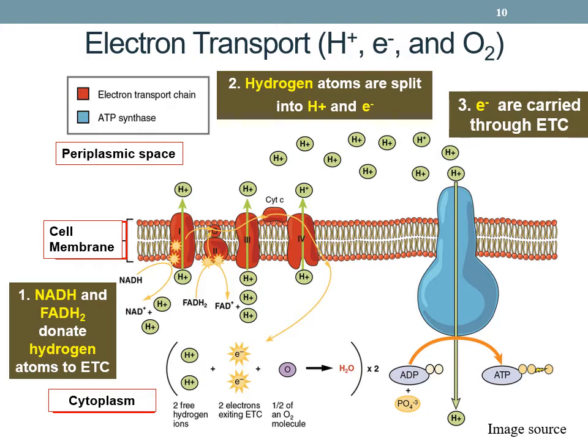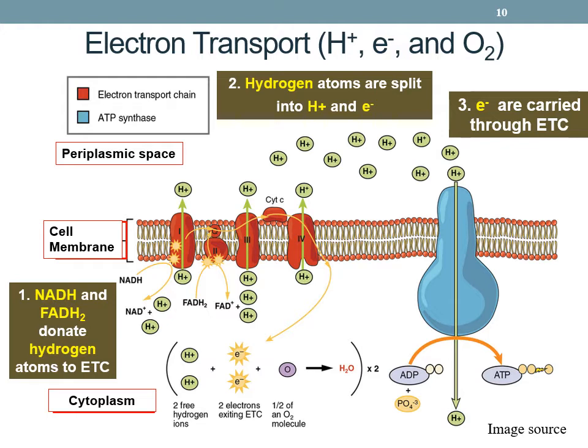The large blue structure on the right side of the cell membrane is the enzyme responsible for production of ATP. In bacteria, NADH and FADH2 donate their electrons to the electron transport chain.